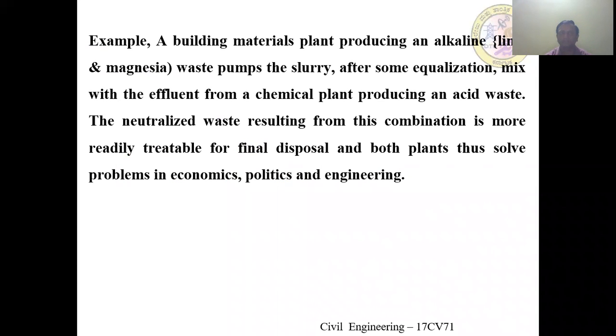Example: a building material plant produces an alkali, that is lime or magnesia. The waste pumps the slurry after some equalization and mixes it with the effluent from a chemical plant producing an acid waste.